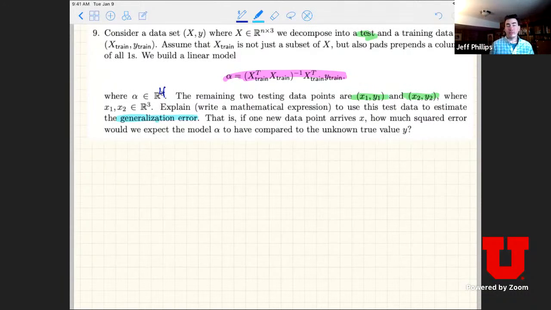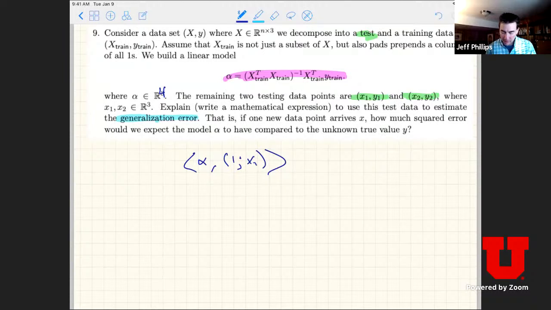Okay, so one new data point arrives, x. How much squared error would we expect the model alpha to have compared to the known true data y? So I want to estimate this based on the test error. What I want to do is apply my model alpha onto 1, x1, and I apply this model just with an offset, with a dot product.